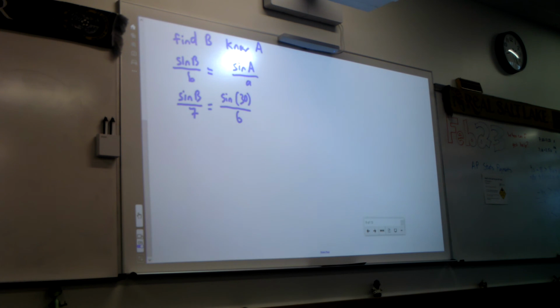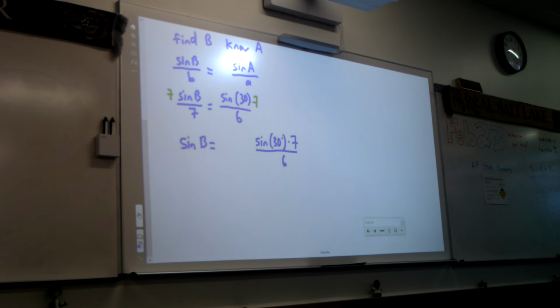Are we happy here? What is my next step? So I'm going to get rid of the 7 underneath, right? Great. Good step. Now let's come over here. So I'm going to do sine of B is equal to the sine of 30 degrees, which is 1/2, times 7 divided by 6.